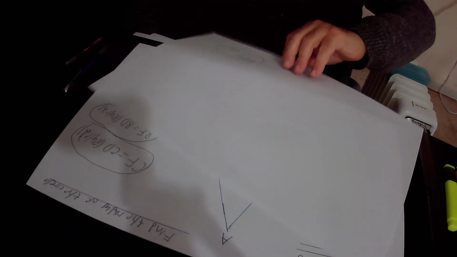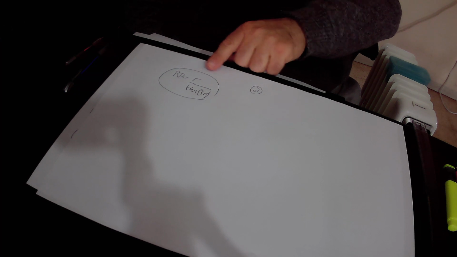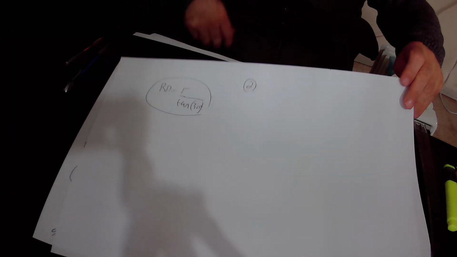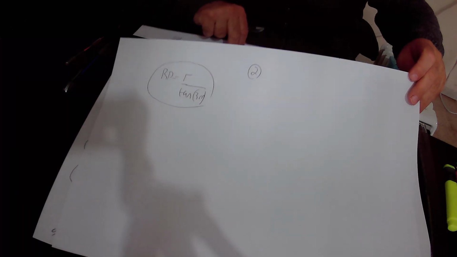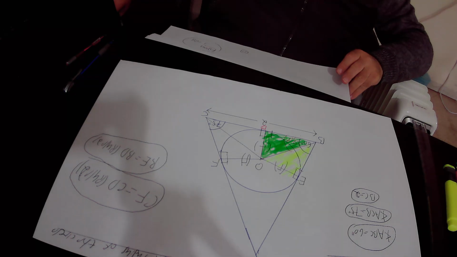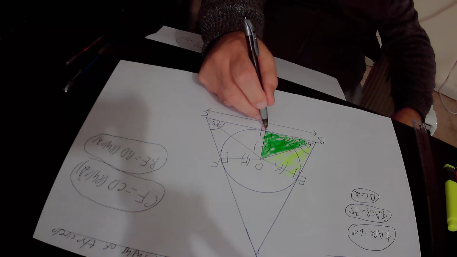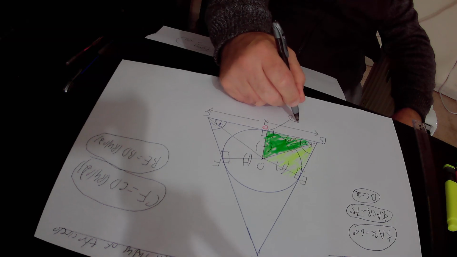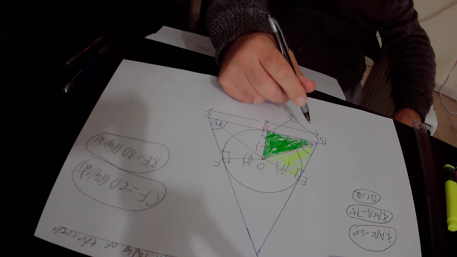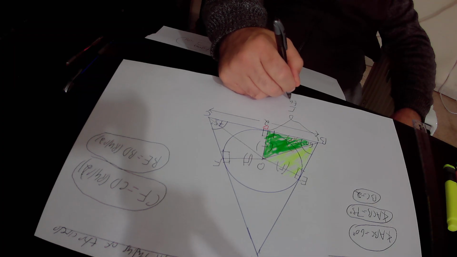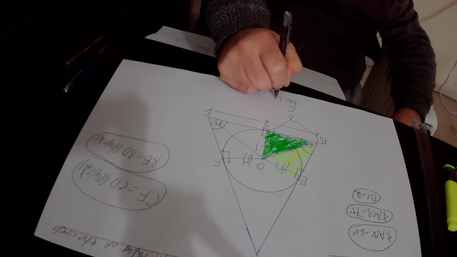We actually found out that BD equals R over tangent 30 degrees, so I can write it down in the original drawing. So this is side BD, that equals R over tangent 30 degrees.